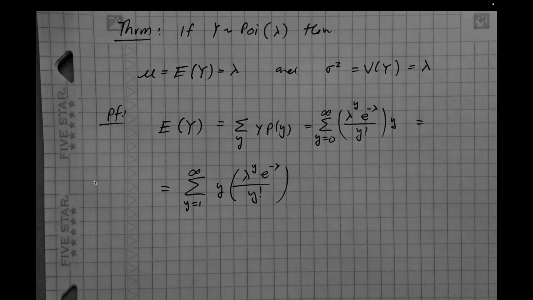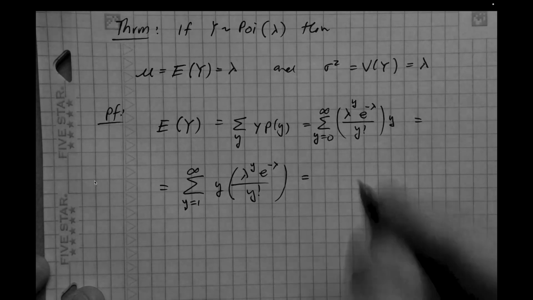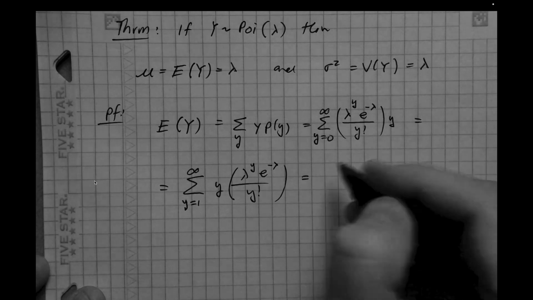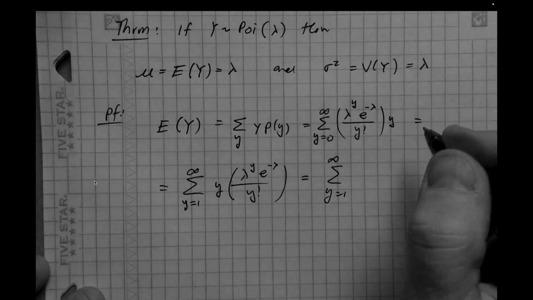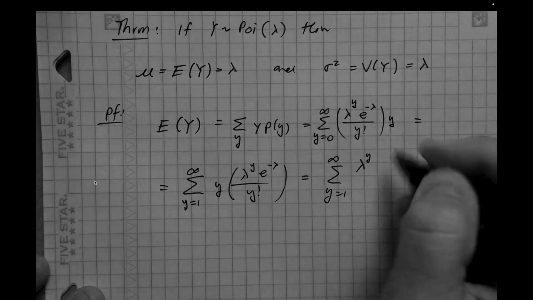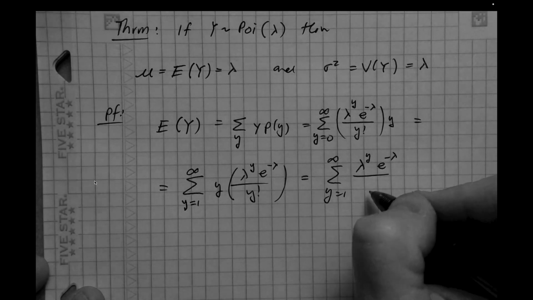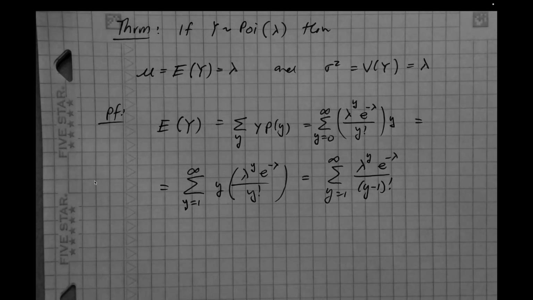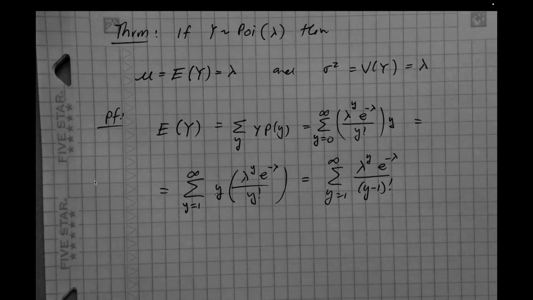And that being the case, we can rewrite this as the sum from y equals 1 up to infinity of lambda to the y, e to the negative lambda over y minus 1 factorial. Right, because you can cancel this y with the front. Now you just have y minus 1 down there.